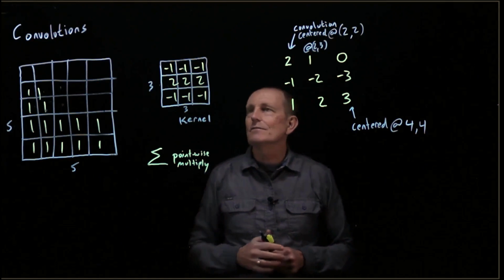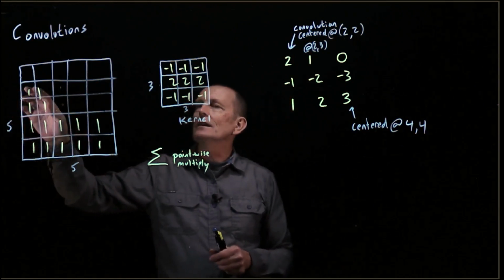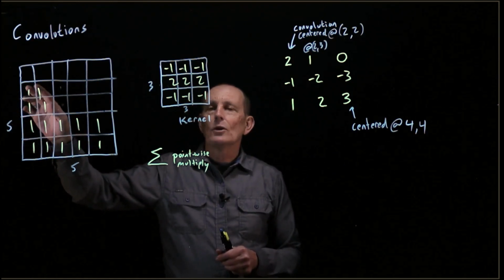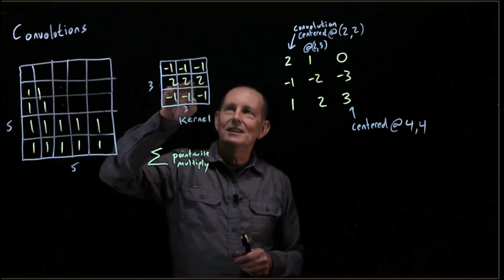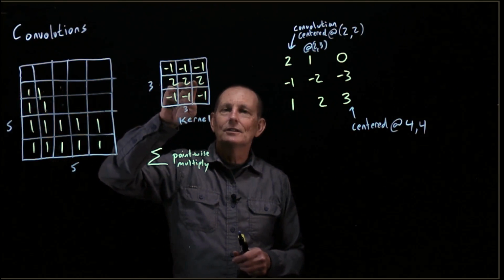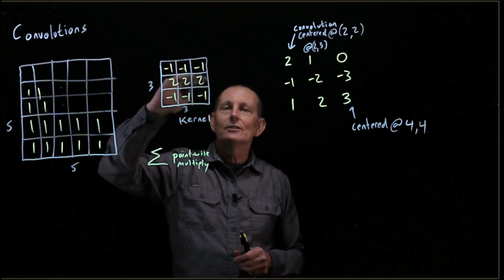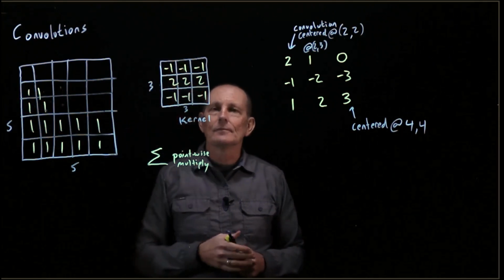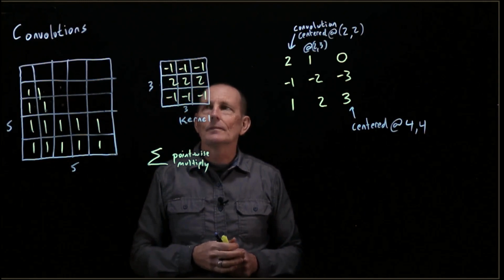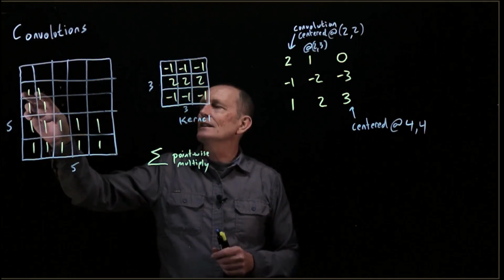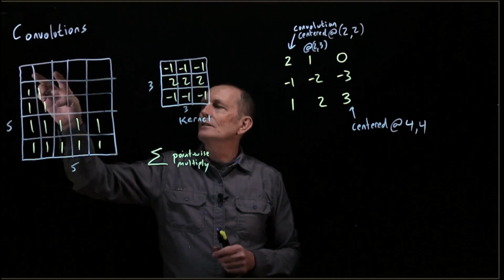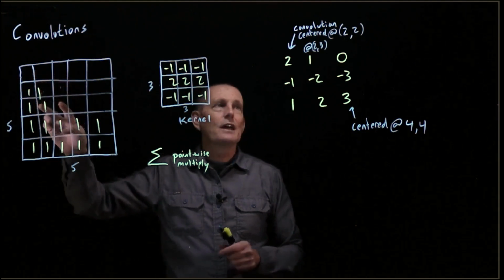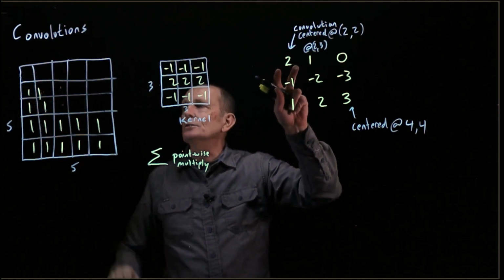Where we get positive values is if we have 1s in the area where we're centered and 0s either above or below. So for instance, in this case, we have 1s here and 0s above, and so that is giving us a measure of 2.